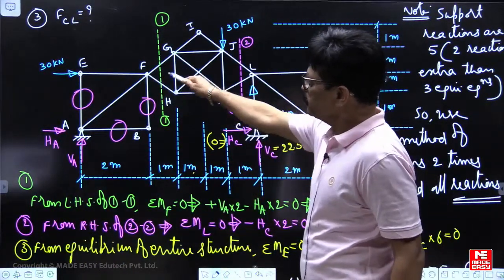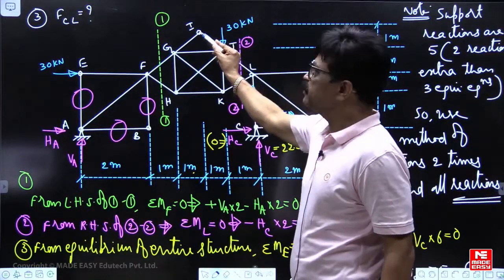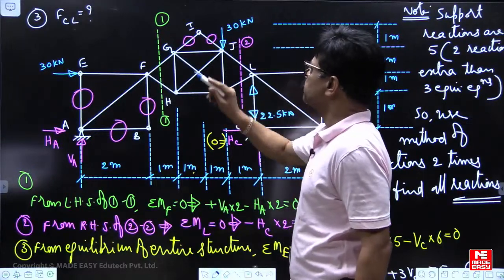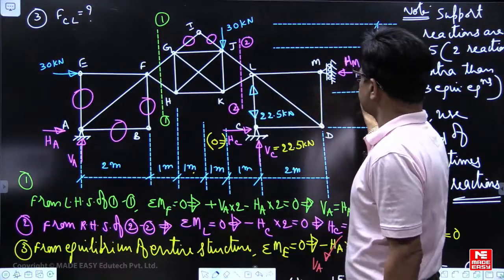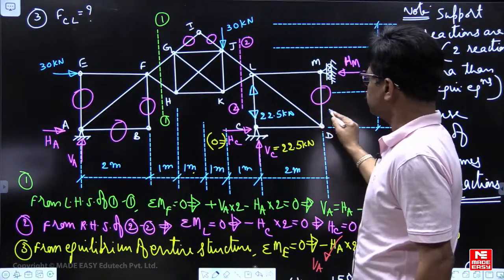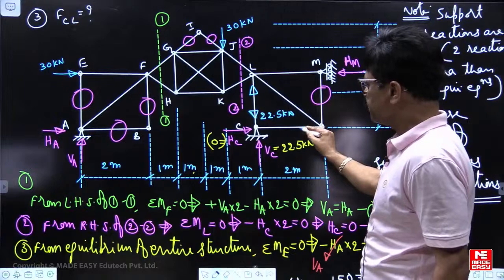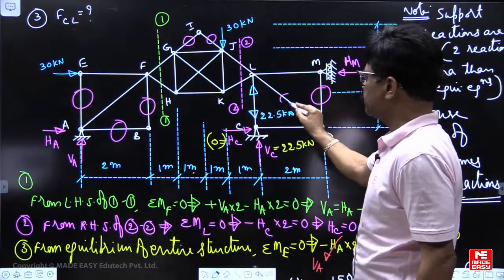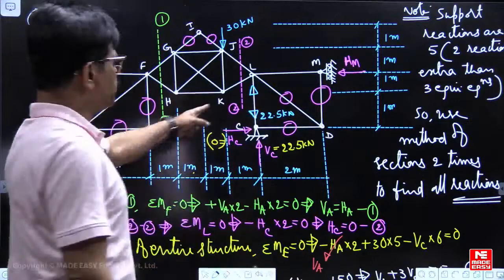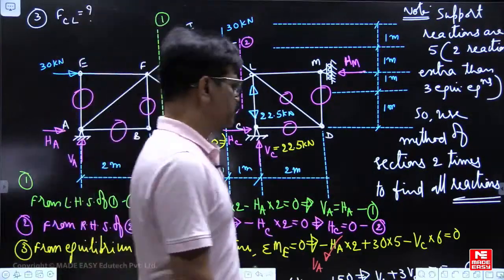Okay. Now coming to this one. At I, 2 non-collinear members, no external load, so forces in both members are 0. Next come here. 1, 2, 3, 2 are in line, third must be 0. Once this is 0, these two non-collinear members, no external load, these two forces also must be 0. So number of members having 0 force are 8. That way also they can ask.